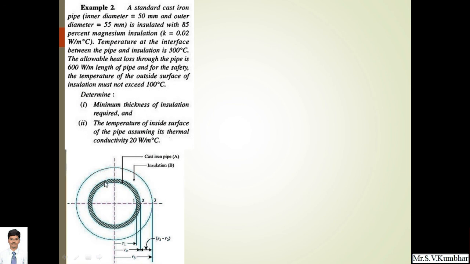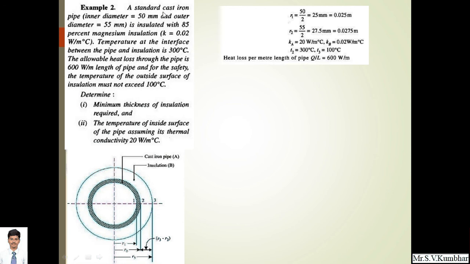So this hatched part is nothing but cast iron pipe A, and its inner and outer diameter is given. So while solving the numerical, we will require its radius. Here the inner diameter is given as 50, divided by 2, that is R1 is 25 mm. Try to convert it to meter.